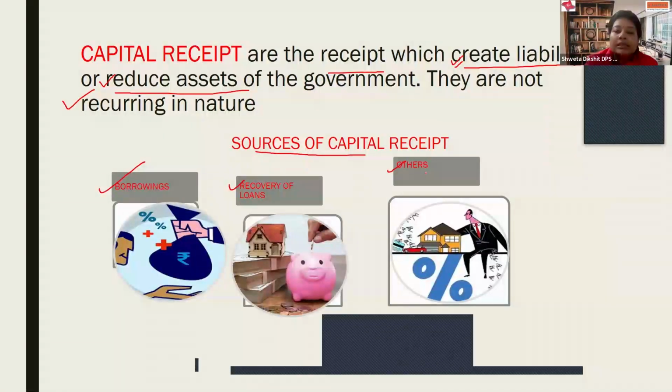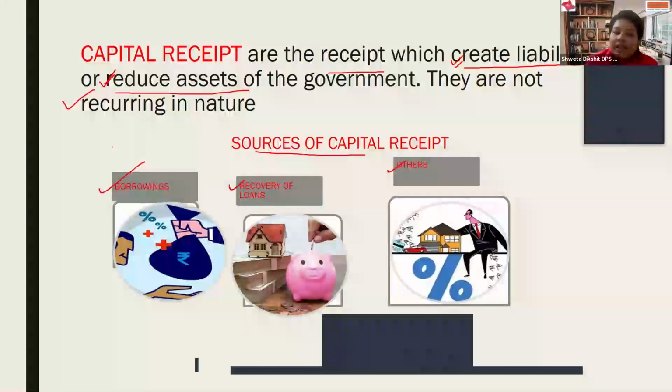And the last, sometimes we also disturb our foreign exchange reserves. So when we are short of funds or we need money, we also affect and disturb the foreign exchange reserves we have. So that is also going to reduce the assets of the government, and therefore they are known as capital receipts. See, revenue receipt is very simple and direct to understand, but capital receipts are a little complicated to remember.